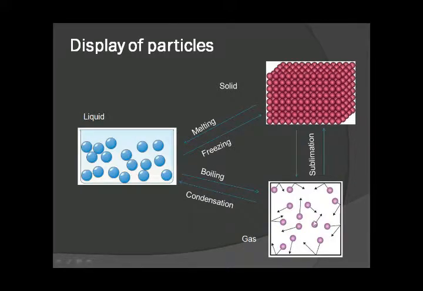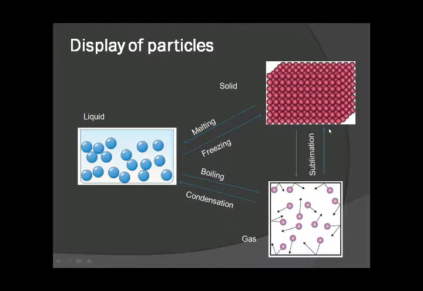However, in some cases, substances that are solids may not go to the liquid state but go straight to the gas state, and this is called sublimation, where it doesn't go to the liquid state but goes from solid to gas, or gas to solid.